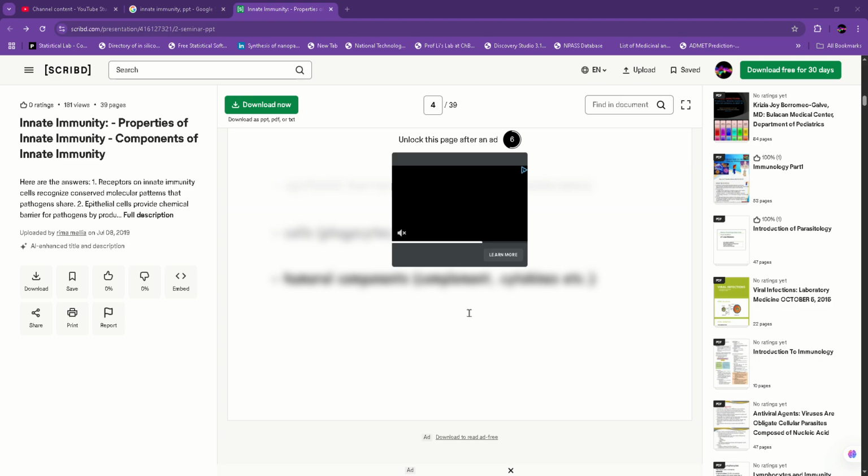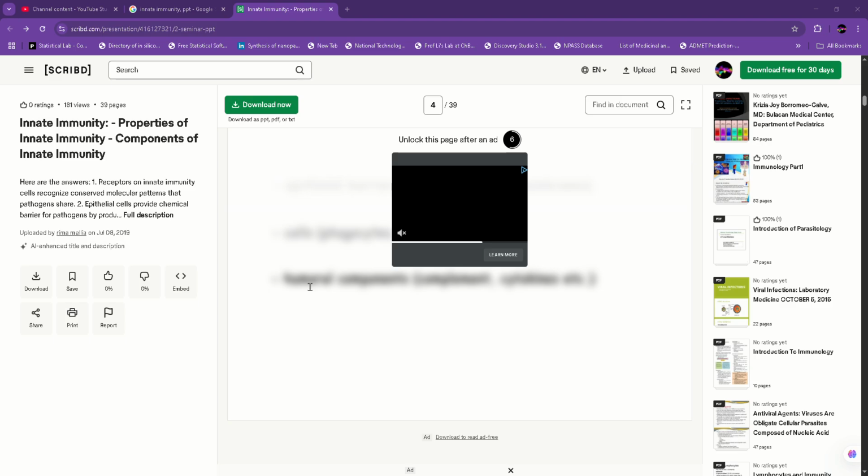So here we can see that innate immunity helps to provide immunity that is non-specific, fast-acting, and present from birth.